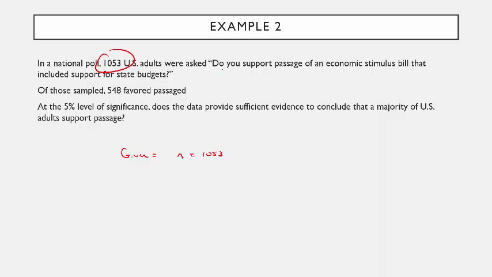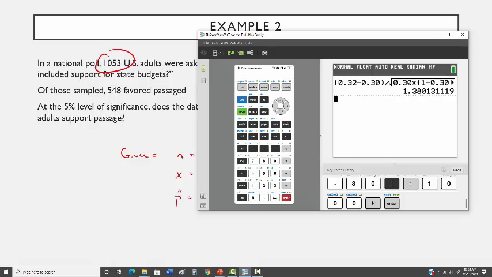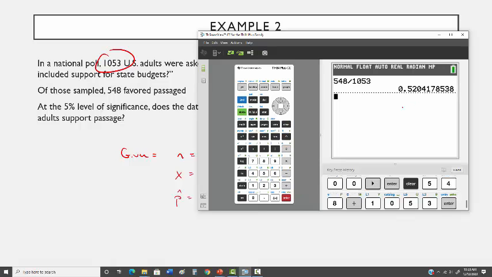So there was just this poll, and Congress wants to pass this stimulus bill, and they want to know if people support a provision that includes support for state budgets. Of that, 548 said yes. So p hat is 548 over 1053, which is 0.52 when I round it off.